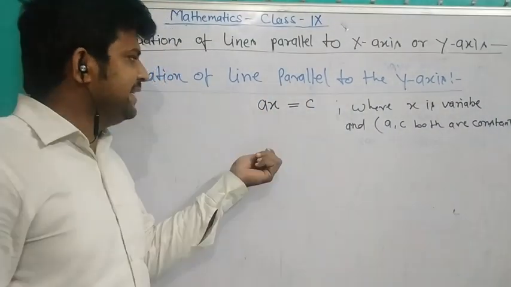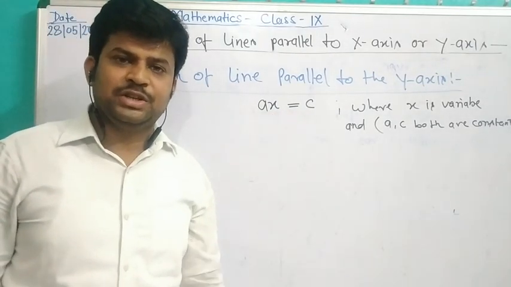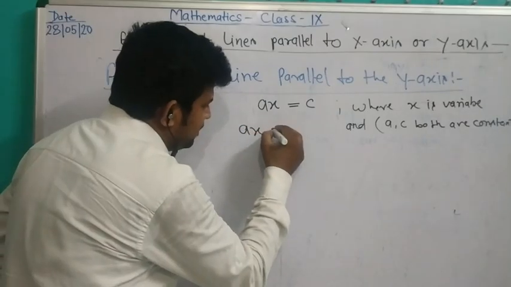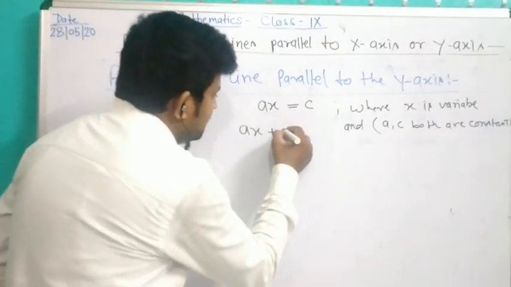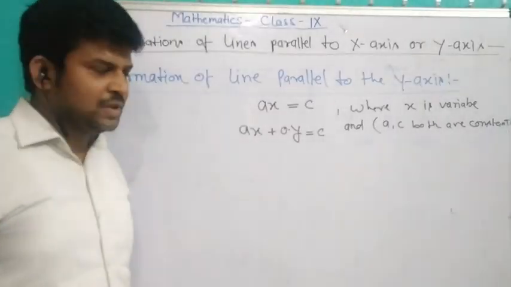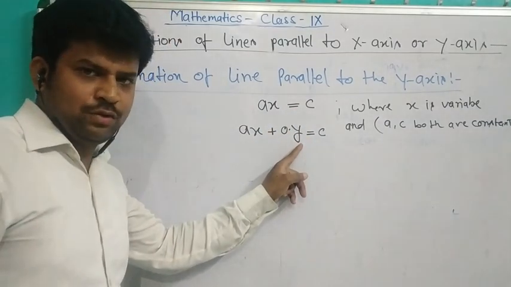But how can we write ax = c in the form of a linear equation in two variables? We can write ax + 0 into y = c. When we write 0 into y, the value of 0 into y is equal to 0.